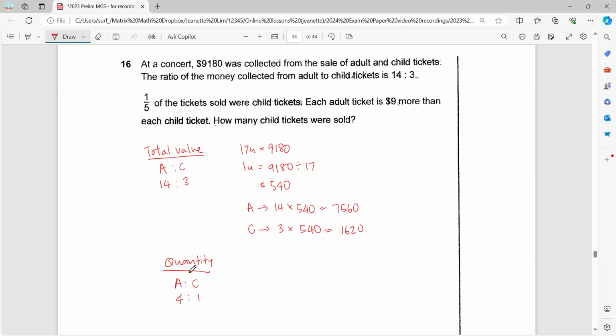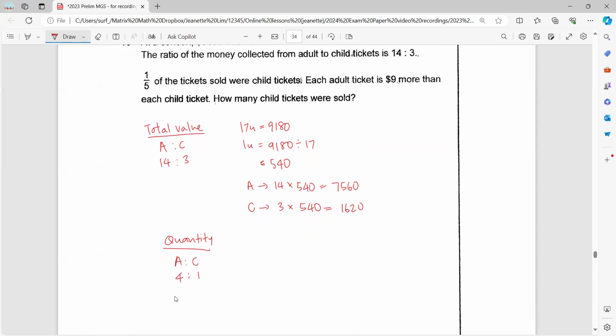So you see, if we talk about value, right, $7,560 is for these 4 units of adult tickets. 1,620 is for 1 unit of the children tickets. So let's call it 4 groups of adults. Four groups of A is $7,560.